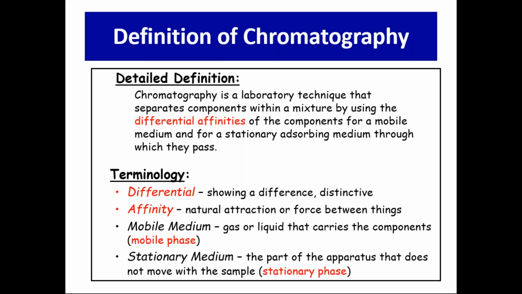It is a support of the apparatus, which, as the name suggests, is stationary. That means it does not move. So the mobile phase moves and the stationary phase remains stagnant, in one position.